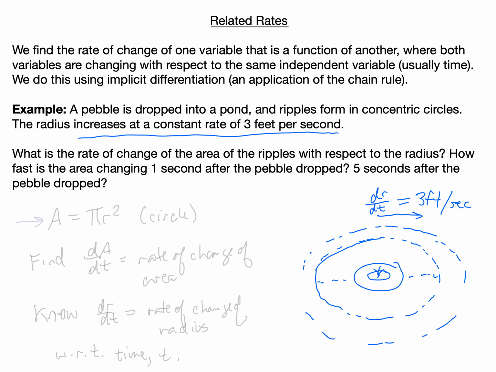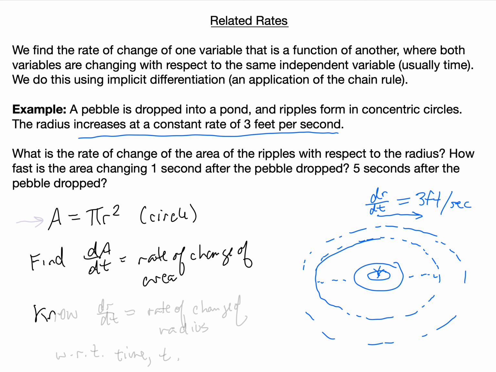Now we're asked, how fast is the rate of change of the area of the ripples with respect to the radius? These are concentric circles, and the area of a circle is pi r squared. So we know a relationship between these things. What we want to find is dA dt, the rate of change of the area of these circles.